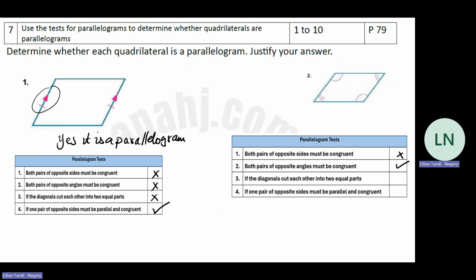The minute I say star, I stop. Yes, it is a parallelogram. Remember, I need to say star only one time for me to say yes. But for me to say la, I must do all my tests, 4 of them. I must say la, la, la 4 times. Okay? All right. Then we move on.